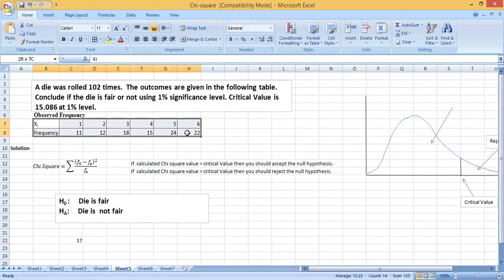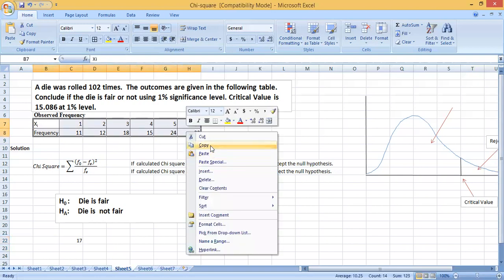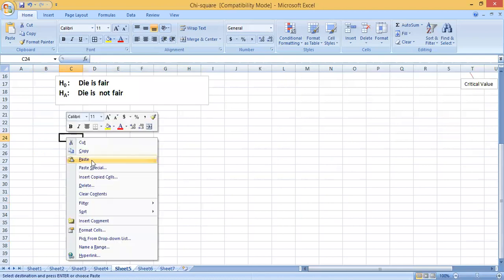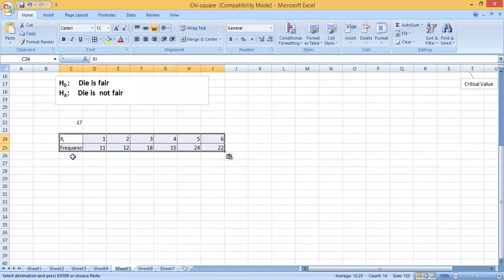Now I copy it and paste it. Here is the observed frequency, and this is the expected frequency.